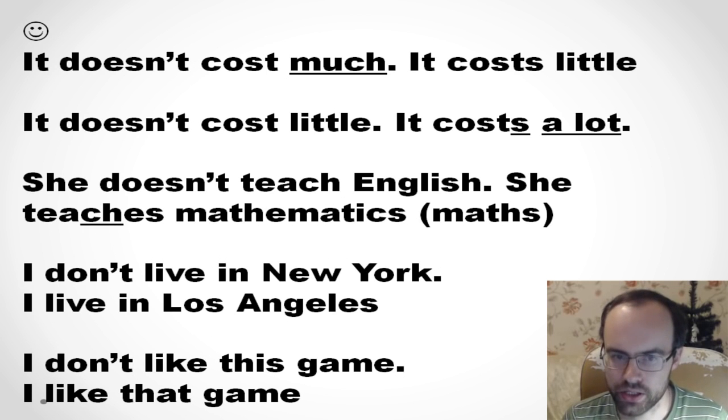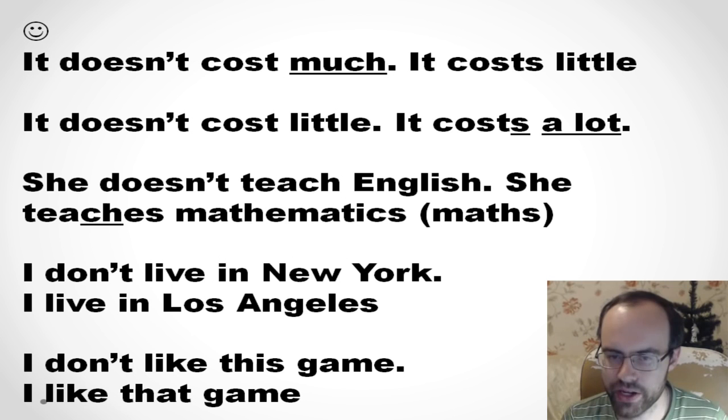It costs little. It doesn't cost little. It costs a lot. You know that we mostly actually use much in negative sentences, right? And a lot, so in a statement like here, it costs a lot. Good.